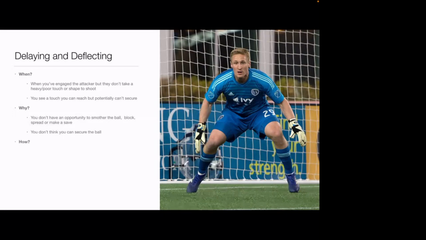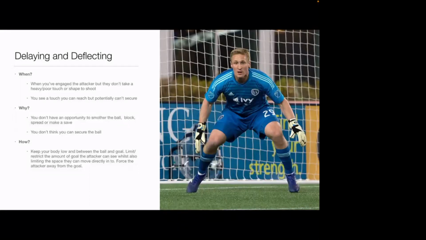Keep your body low in between the ball and the goal. Limit or restrict the amount of goal the attacker can see, whilst also limiting the space it can move directly into. Try and force them wide of the goal, so you don't want them driving towards a goal. You see this a lot as well if the attacker's dribbling towards you. Goalkeepers, especially younger goalkeepers, like to drop.